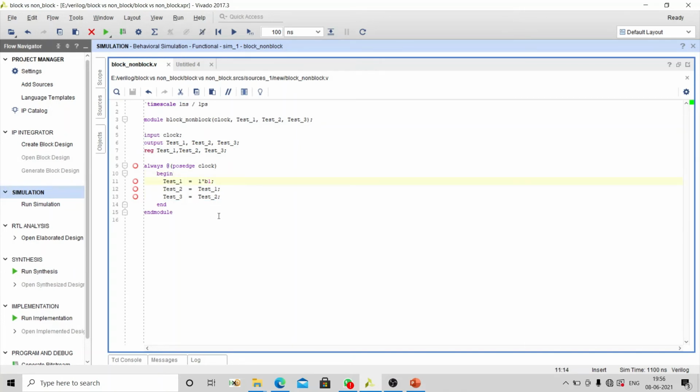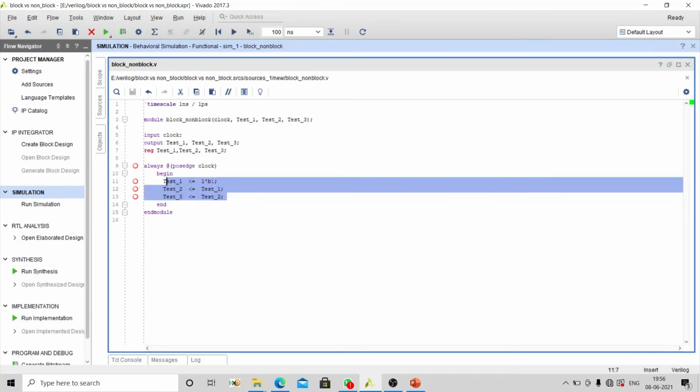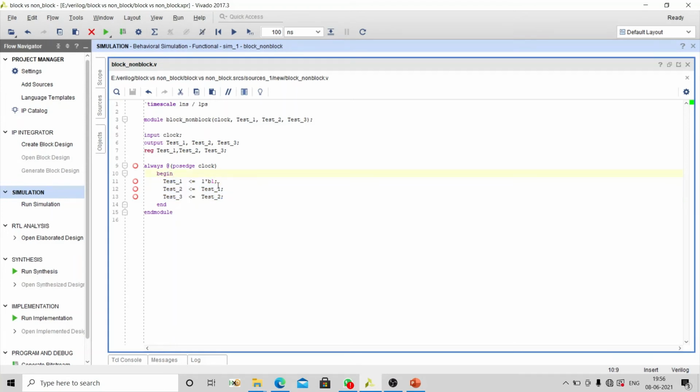So let's see what happens if we use non-blocking statements. As I said earlier, in non-blocking statements, whenever there is one positive edge of clock, all these three execute parallelly. So line number 2 does not wait for line number 1 to execute.